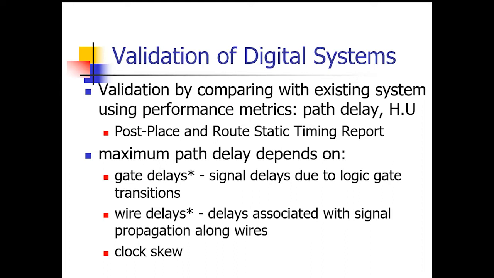I didn't choose the best case; the maximum path delay was what was extracted. And that consists of 3 parameters: gate delays, which are signal delays due to actual logic gate transitions; wire delays, also known as routing delays associated with signal propagation along lines; and also clock skew, right?